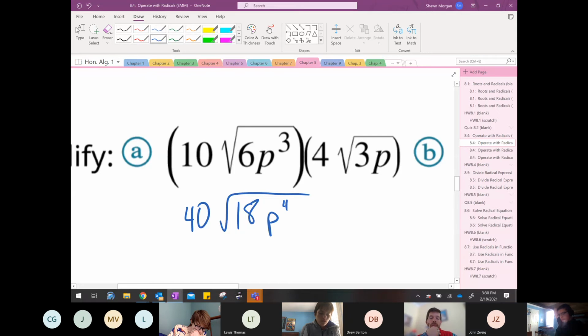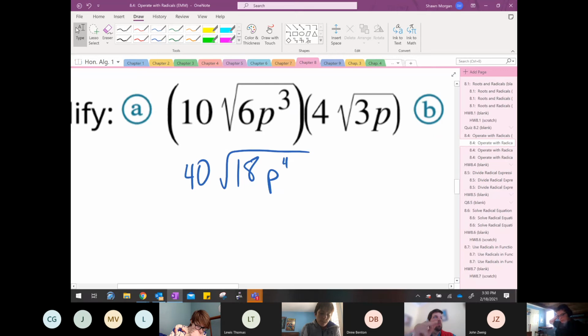Fabulous. All right. Now we're going to simplify. Jake, tell me a perfect square factor of 18 that I could pull out. 9 and 2. All right. So square root of 9 is 3. So 3 times 40 is 120. That's that step that I'm pushing you guys to do in your head.